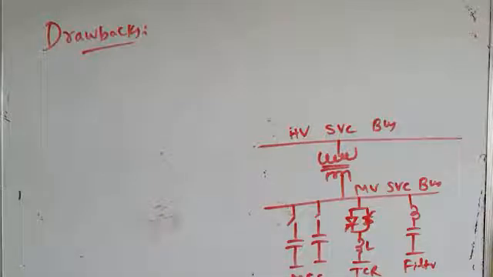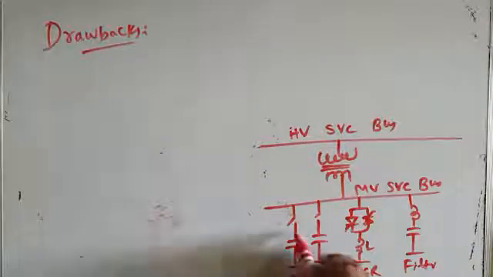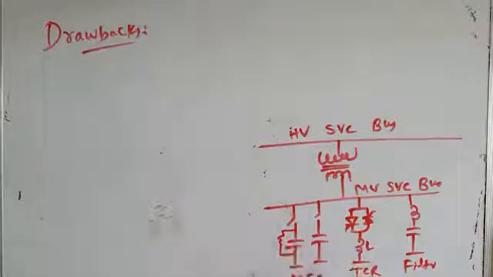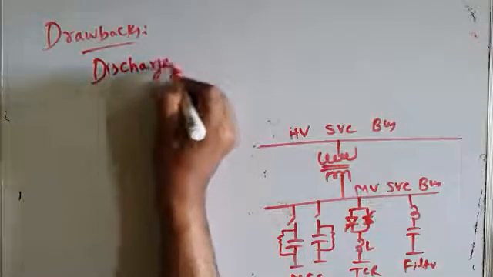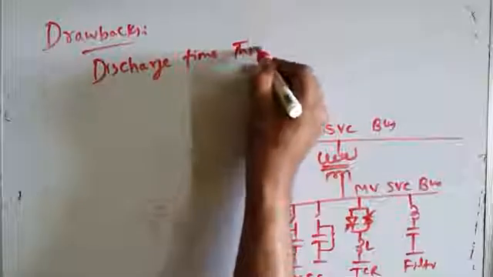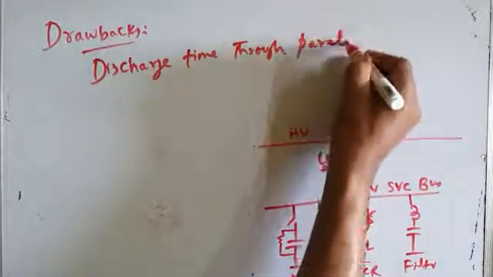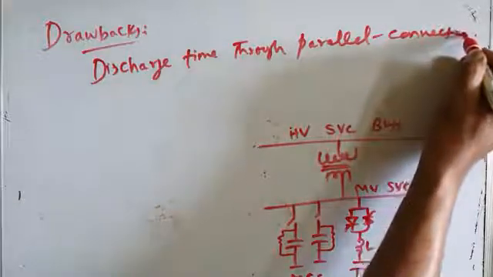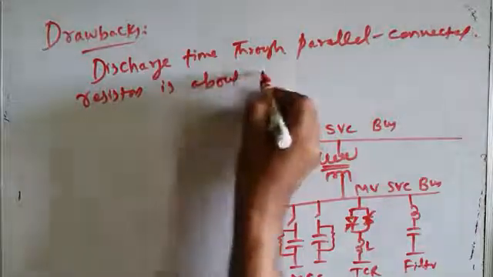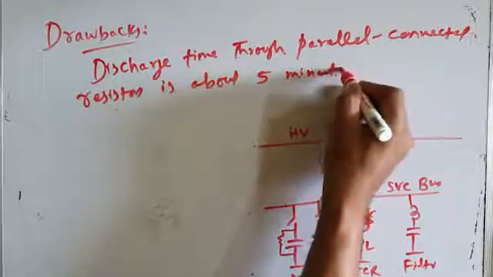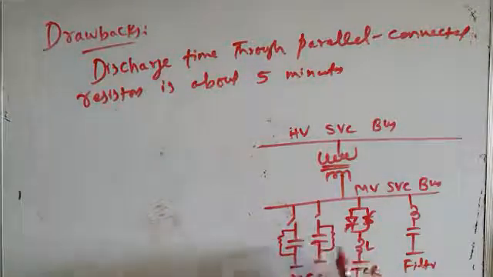To remove that trapped charge, parallel discharging resistors are built into the capacitor banks, and the banks discharge through them, but the discharge time is very high, about 5 minutes to discharge completely and remove all the trapped energy.